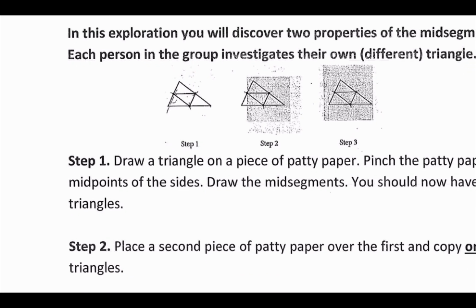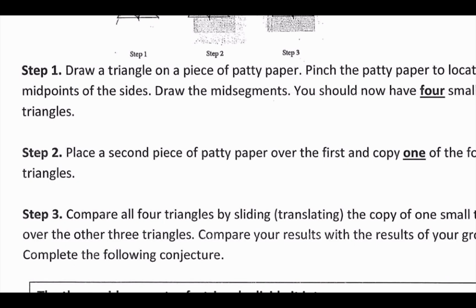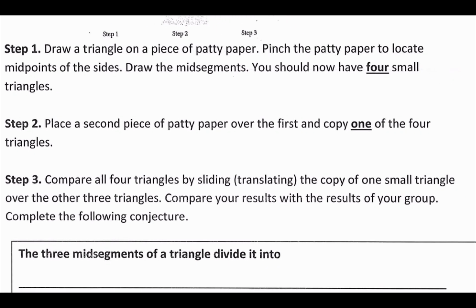Now we've completed step number 1. Let's go to step 2. Here's where the second sheet of patty paper comes in. Place a second piece of patty paper over the first one and copy one of the four triangles.